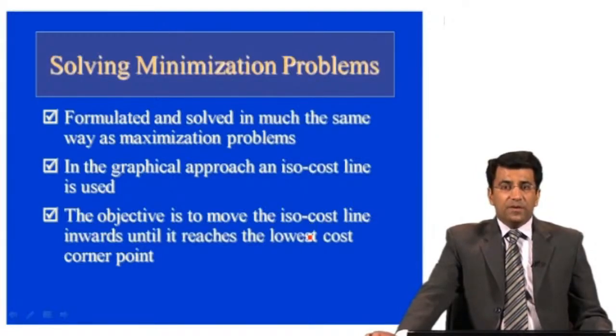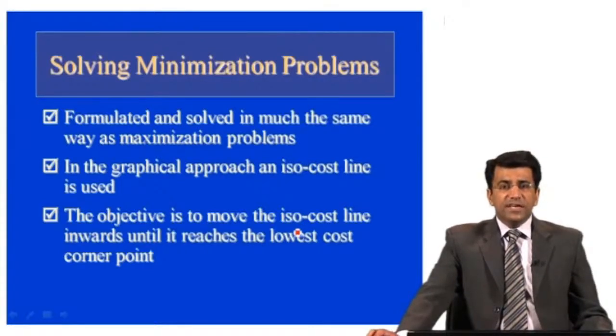Then we tried to move that profit line away from the feasible region up to the end point of that feasible region, so that we can find the optimal point. So we try to move the iso-profit line away.